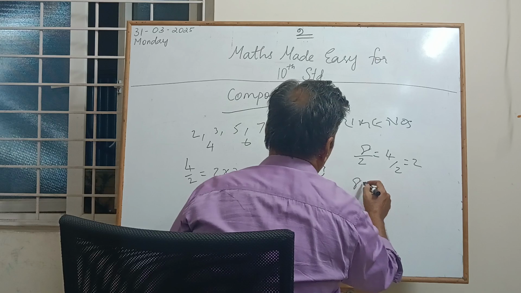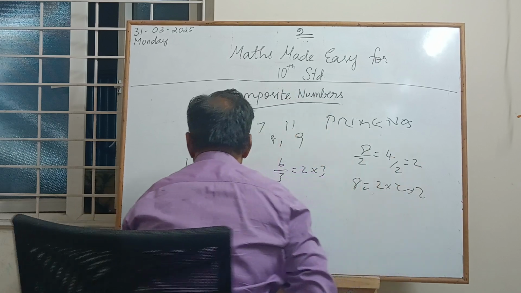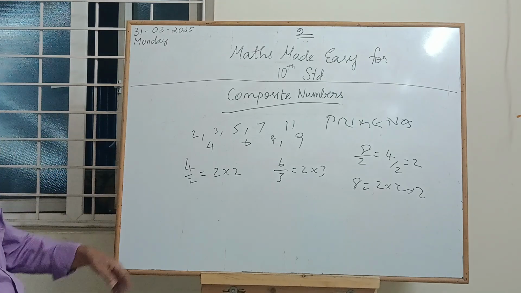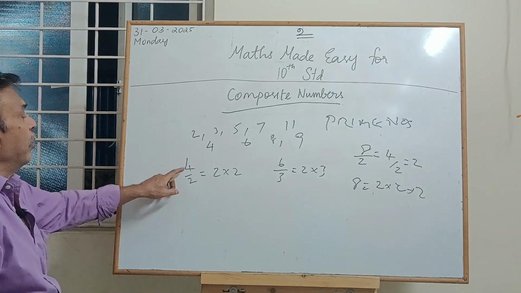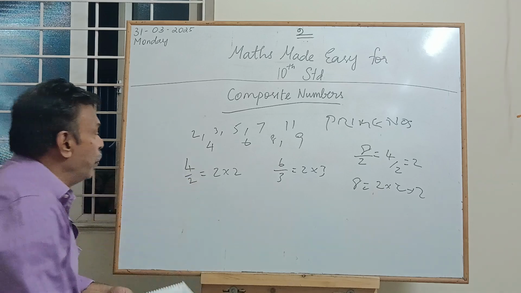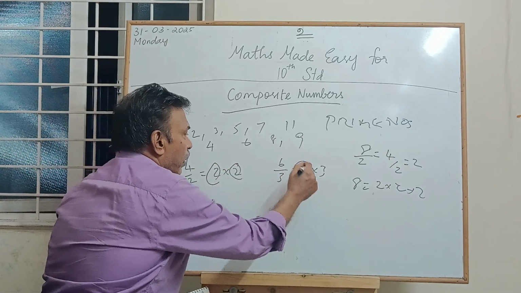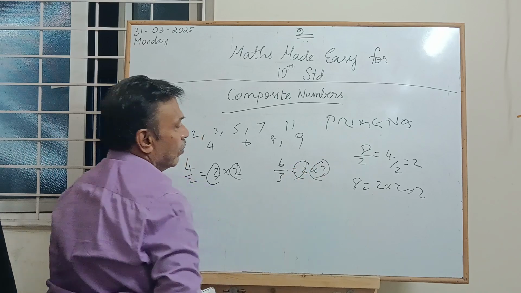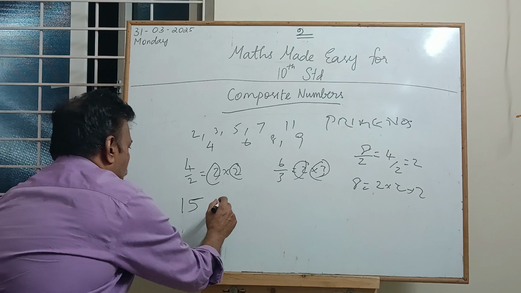So 8 is equal to 2 into 2 into 2. Now if you factorize a composite number, it again becomes prime numbers. This is a prime number, this is a prime number, this is a prime number. Likewise 15. 15 is a composite number.